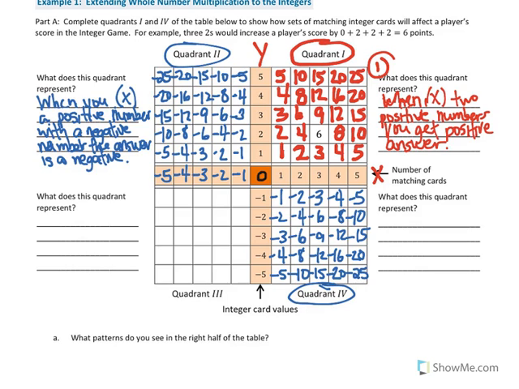So when you multiply a negative number with a positive number, the answer is a negative.